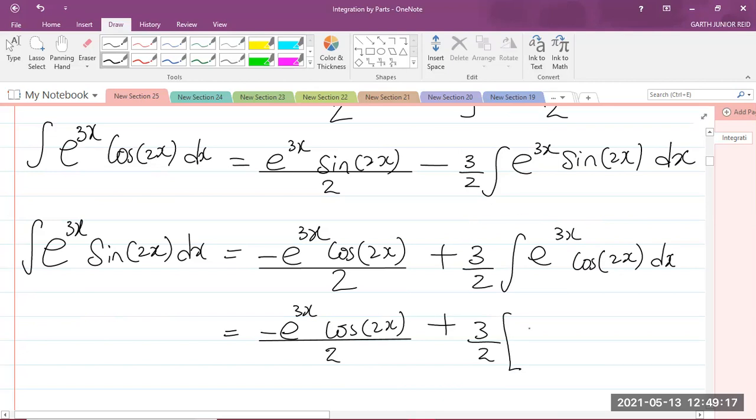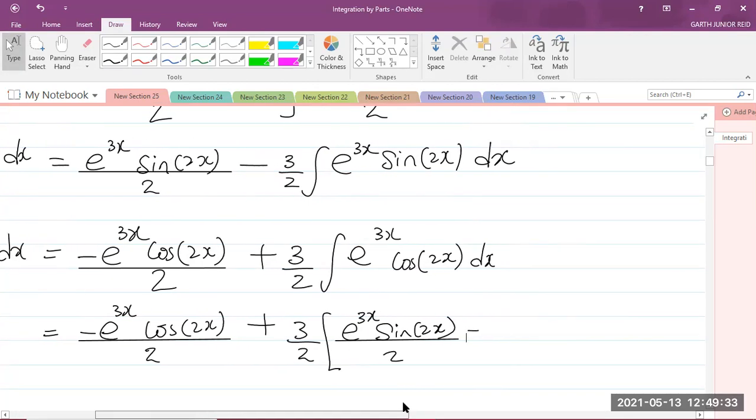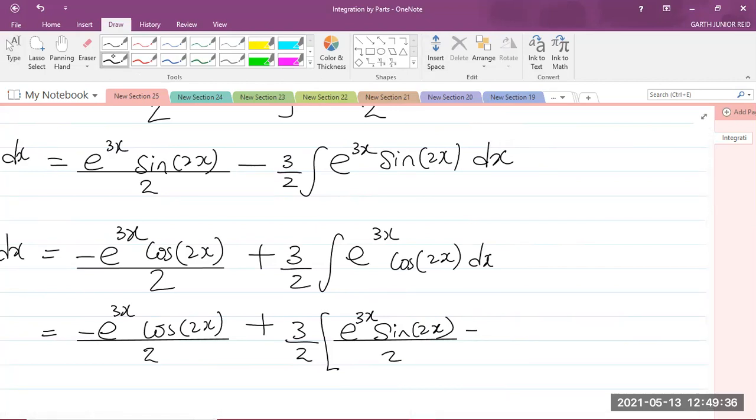We have just calculated that to be e to the power of 3x sine of 2x, divided by 2, minus, so let me move over so that we get more space, minus 3 over 2 times the integral of e to the 3x times the sine of 2x dx.